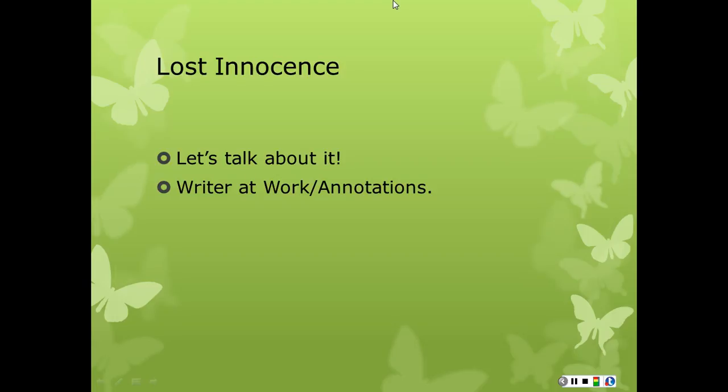Let's briefly go to the article, Lost Innocence, on page 179. Please make sure you have read this example as well as the other example on page 183. This one is good because it gives you the background information in the introduction.